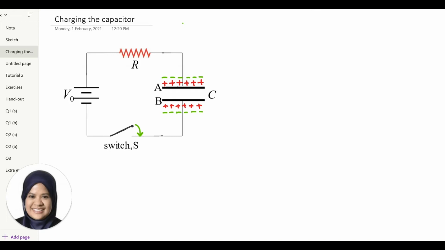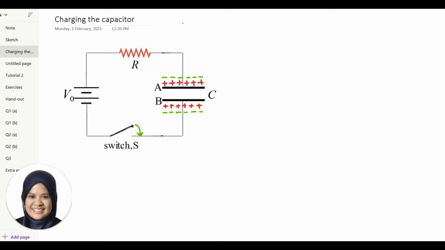So saya, kalau dalam bahasa kita yang biasa, kita kata on the switch. So on the switch meaning the circuit is complete. So when the circuit is complete, electron can move from one point to the other point in the circuit, basically from negative terminal to positive terminal of the battery.